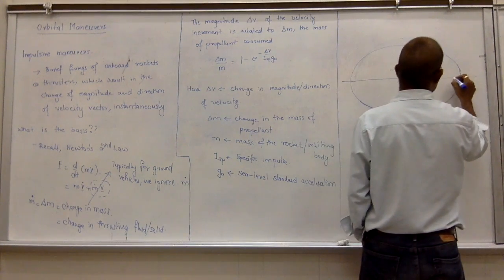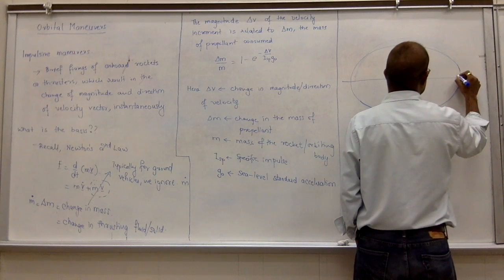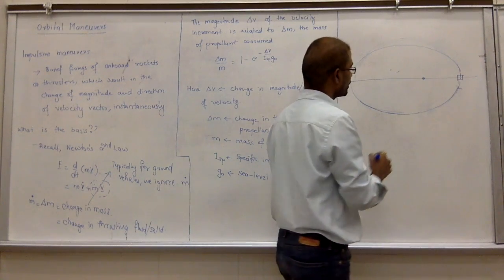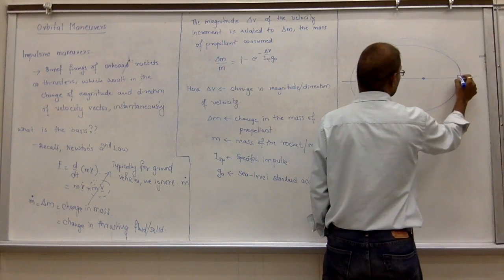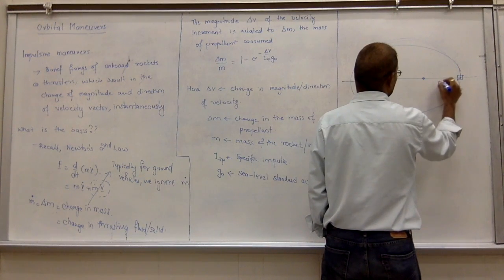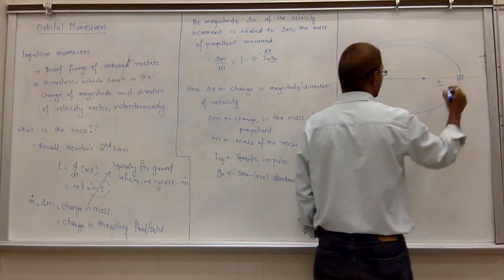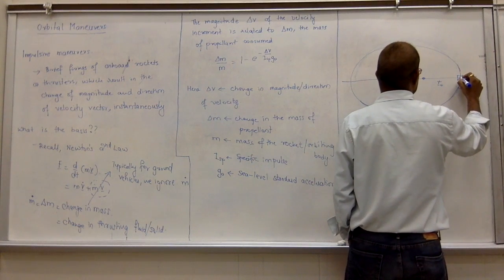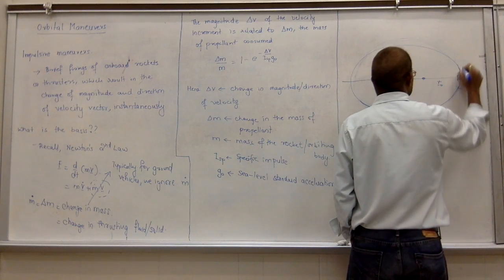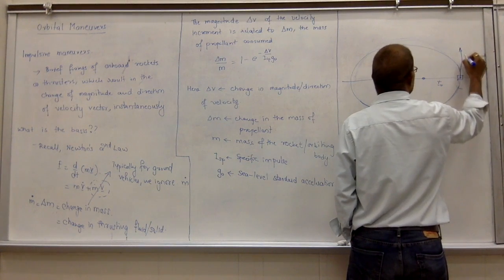So let's say your orbiting body is here. Now what is the position vector of this? This is the position vector, right? This is r. And what is the velocity vector? Velocity vector is perpendicular, okay? This is your v0.